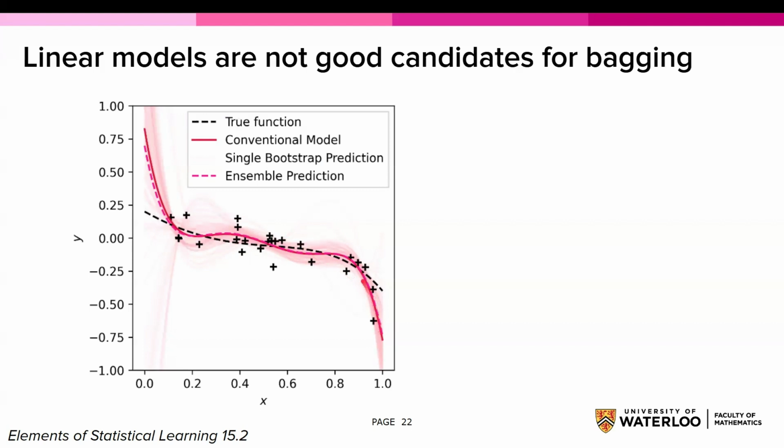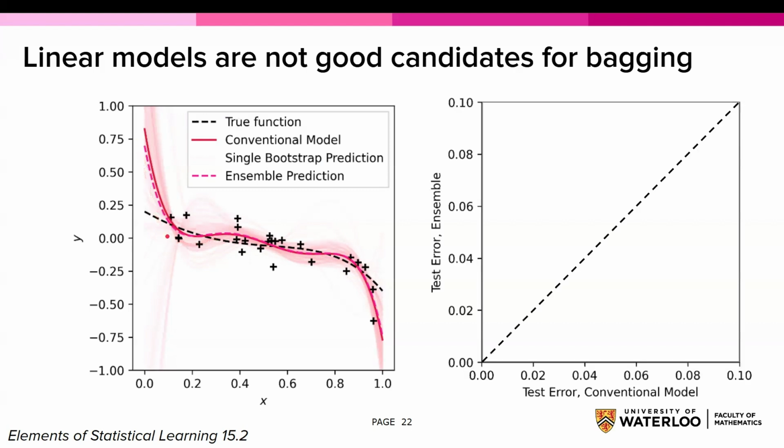What I noticed was that the ensemble fit and that of the conventional model are almost identical. And then I repeated this process 100 times and compared the total error on a trial-by-trial basis between the conventional model and that achieved by the ensemble aggregate.